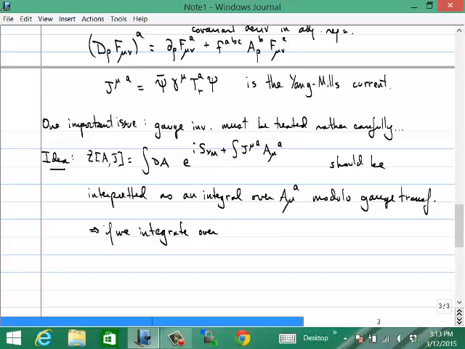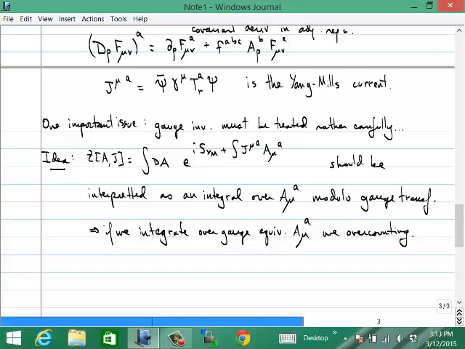So if you integrate over gauge equivalent A_μ, then you'll be overcounting. And so what we need to do is come up with a careful way of making sure that we only count one A_μ in each equivalence class under gauge transformation.